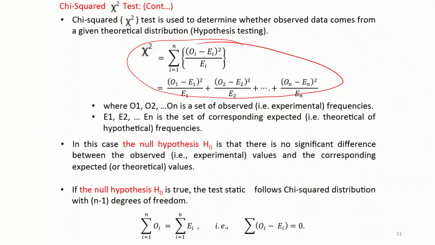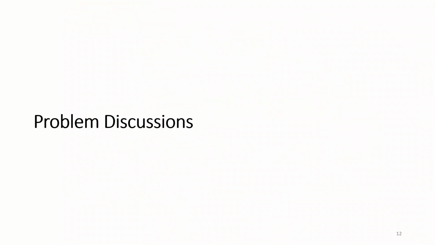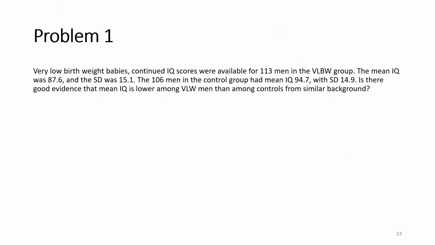Please show that previous slide just for a second. Okay, so some problems. I have written this as V and W, and the other, VLW, will be the very low weight babies.